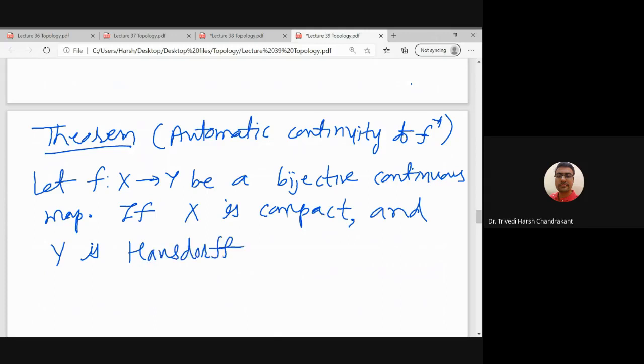So X and Y are topological spaces where X is compact and Y is Hausdorff, then f is a homeomorphism.